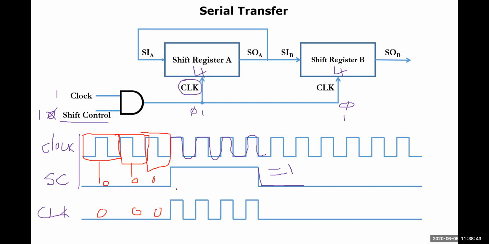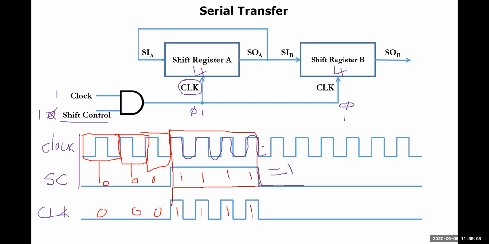Observe this scenario: from this place up to this particular place, shift control becomes 1. So here it is 1, here it is 1, here it is 1, here also equal to 1. Therefore, 1 will be there, here also 1, and here also 1.